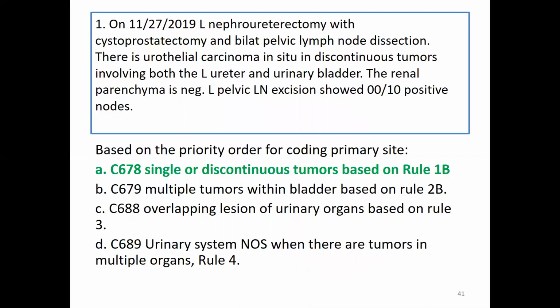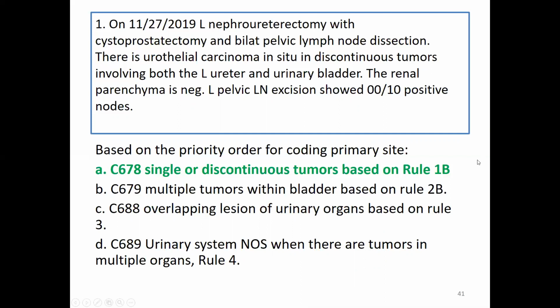Okay, so let's go over the answers to these 10 exercises. And basically, we're coding the primary site. This one had discontinuous tumors involving the left ureter and the bladder. So we needed to go to our rule to figure out how to code the primary site.